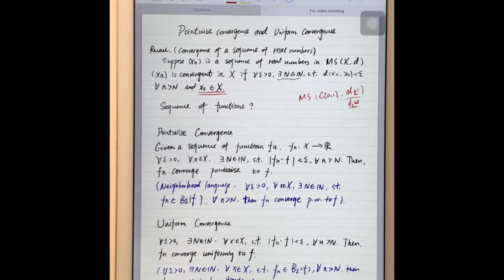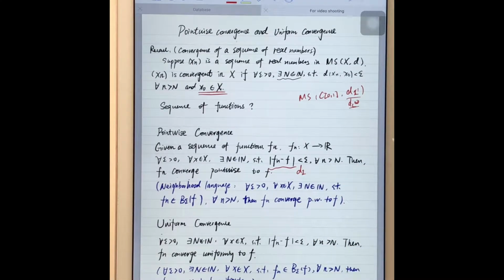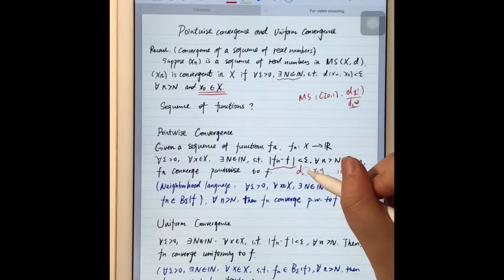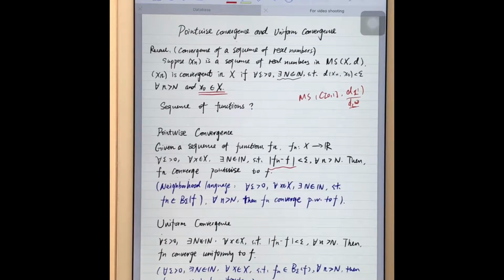Still we are given a sequence of functions f_n, and the definition is: for any epsilon larger than 0 and any x in the domain X, there exists a natural number N such that the distance, which here must be the d_1 distance, the absolute value of x minus y for two points x and y, so |f_n(x) - f(x)|, where f is the function you want to show f_n is converging to, must be smaller than epsilon for any n larger than the natural number N.